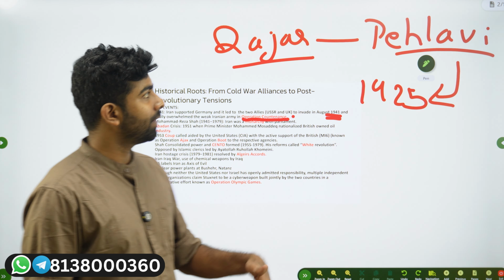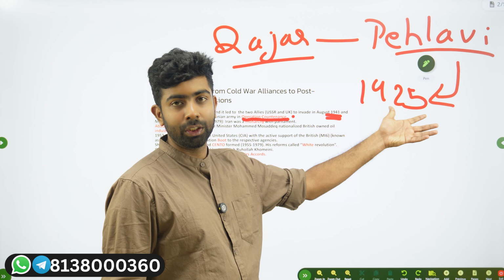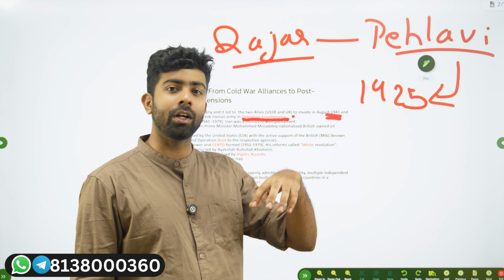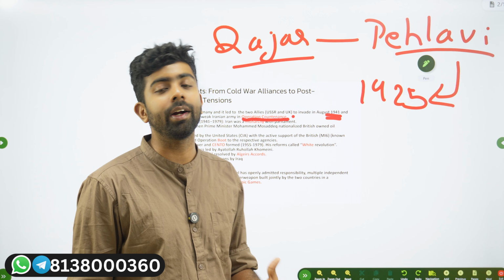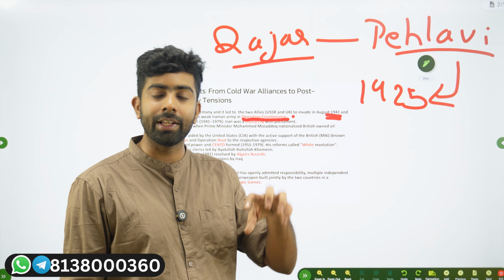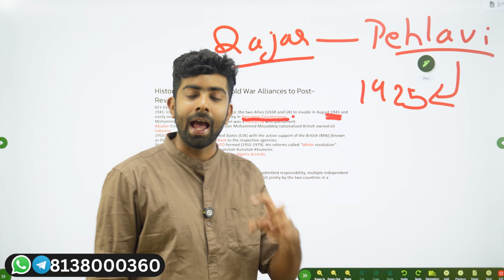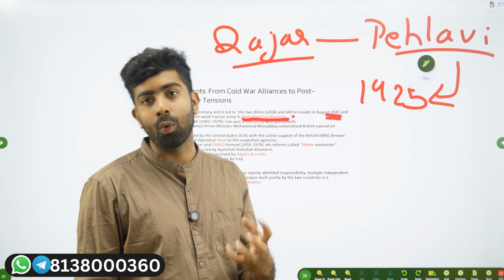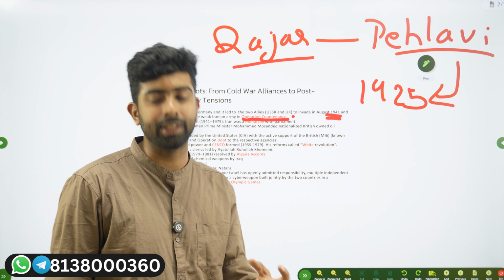At that time it was Muhammad Reza Shah Pahlavi who was there, and they interfered. Their basic aim was the oil industry of Iran, and the UK acquired a lot of oil assets in Iran using that operation.